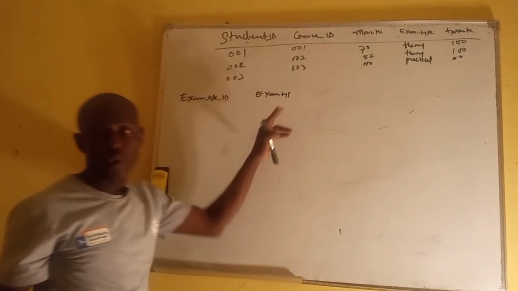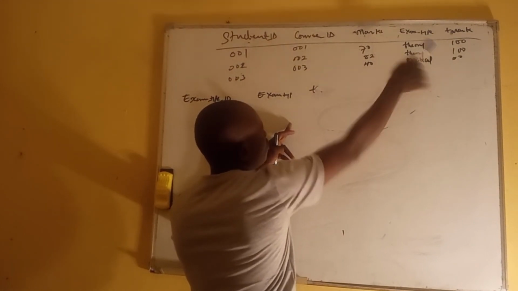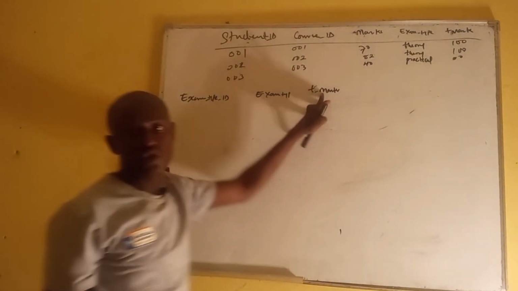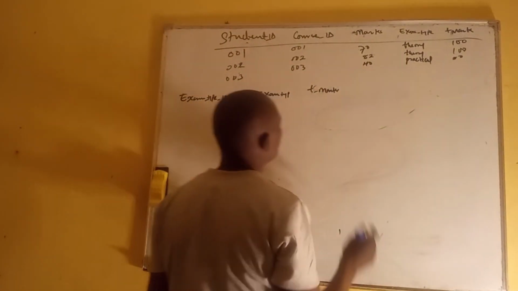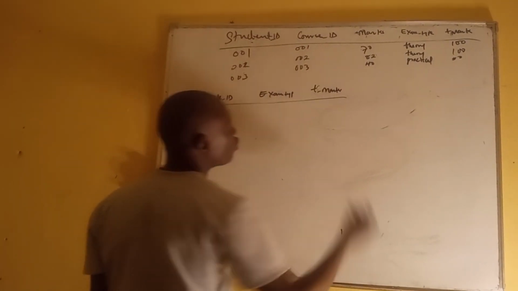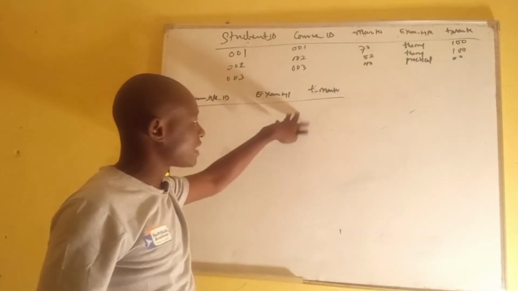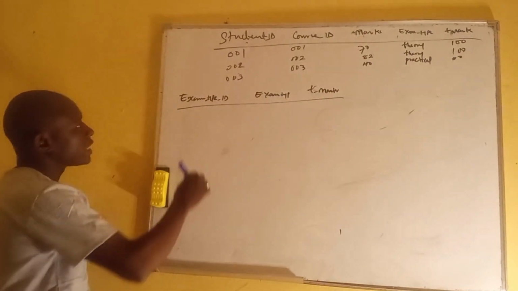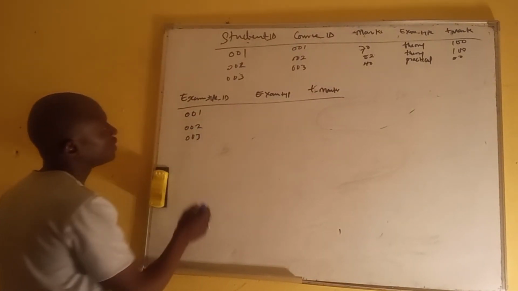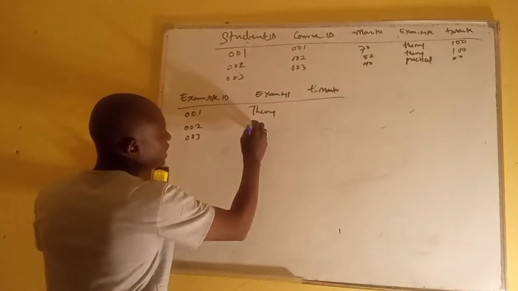We have another one, total marks or total score, which should be unique. We might also include the duration of the exam, but we might ignore it if you want. You can include as many attributes as possible when carrying out your normalization. So here, we might have 001, 002, 003. Our exam type we know is theory, and we know is what again?